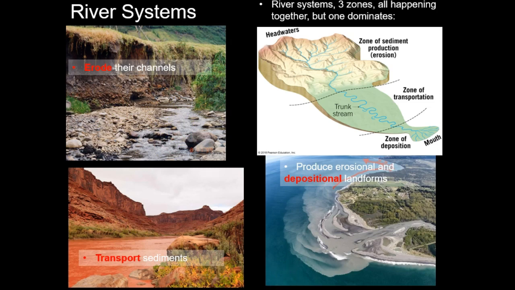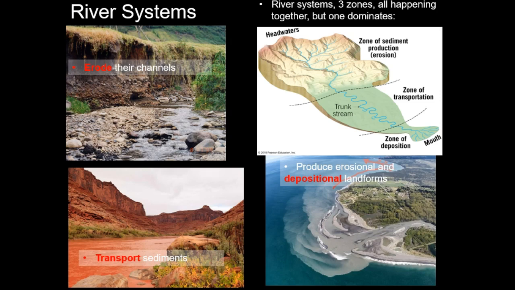The erosional zone, or also called the zone of production, is where sediment is produced as it's being eroded. There is another zone called the sediment transport zone, represented by this lower left photo down here. And lastly, there is the zone of sediment deposition, which is represented by the lower right photo down here.